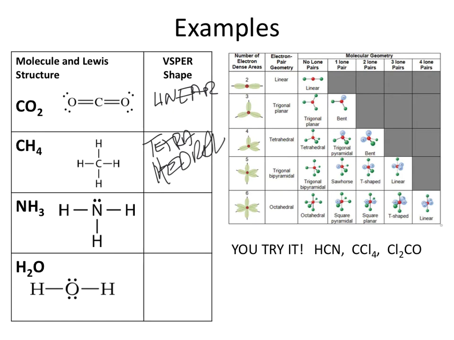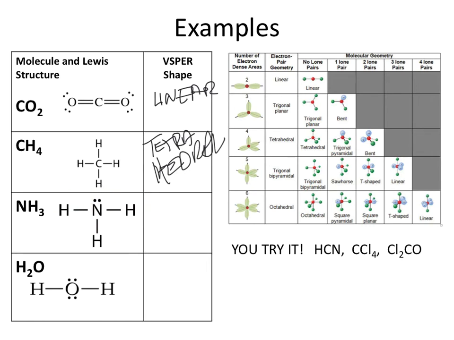Let's go down to our ammonia, or NH3, nitrogen trihydride, for those of you keeping track in the covalent naming system. So let's see how many things we've got here. Nitrogen is my central atom, and we have 1, 2, 3, 4 things attached. Remember, bonds are considered things, elements, atoms, and lone pairs.